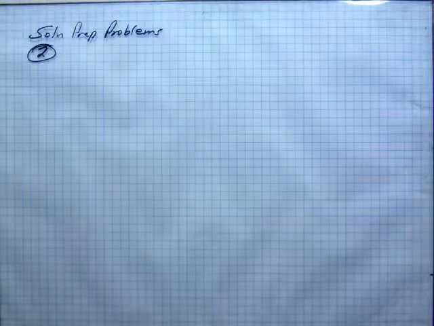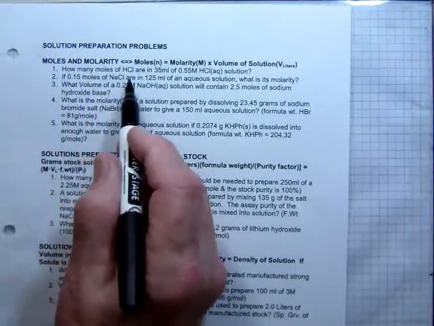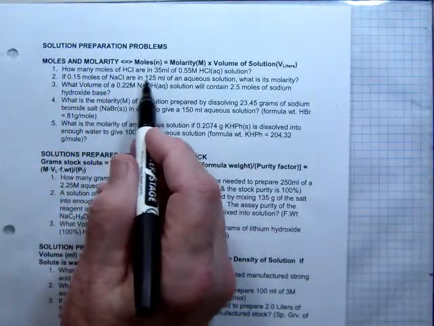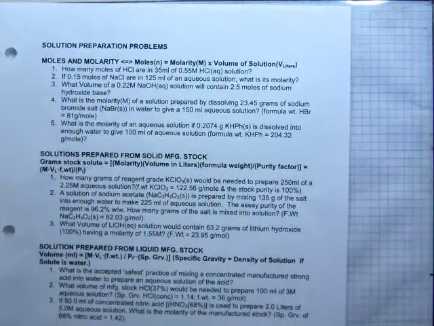The second problem, I'll put it up here and you can read it with me. If 0.15 moles of sodium chloride are in 125 milliliters of aqueous solution, what is its molarity? So you're going to use the definition of molarity and apply that to this data.